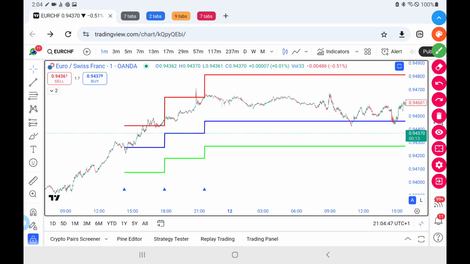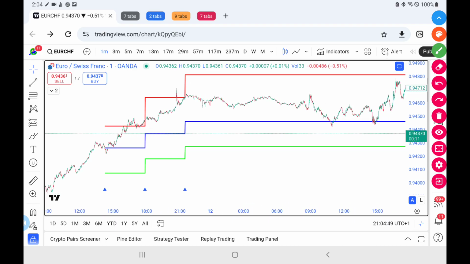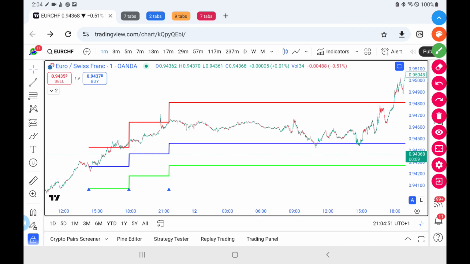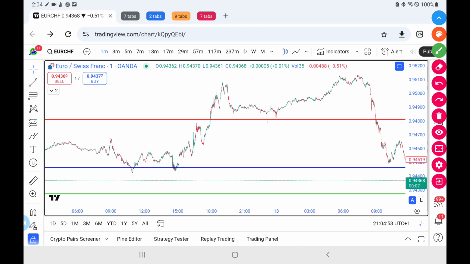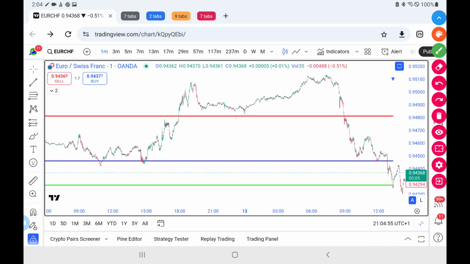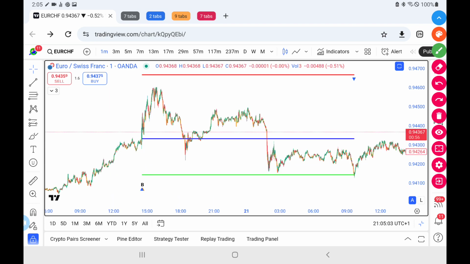Is it worth the difference? The risk level here brought me $3 of profit, meaning the risk level without using range filter. The risk level with using range filter only brought me $1 of profit.